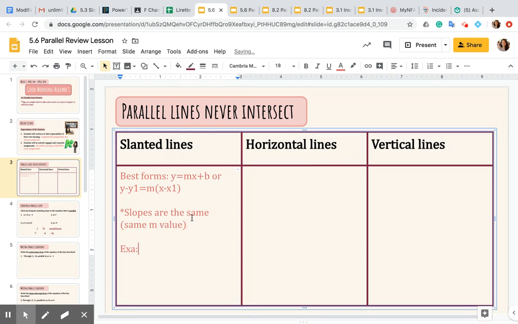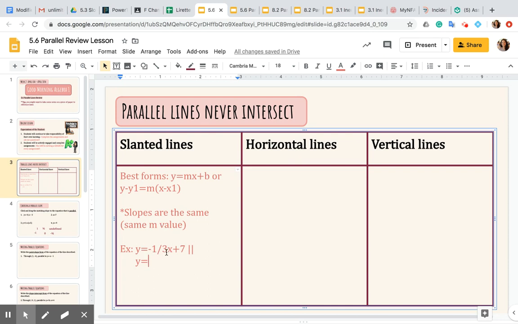Here's an example. If I gave you the equation y equals, I don't know, negative 1/3 x plus 7, this would be parallel, if you remember that's the symbol for parallel, to, I'm going to type it below, y equals, well, this is telling me the slopes have to be the same.